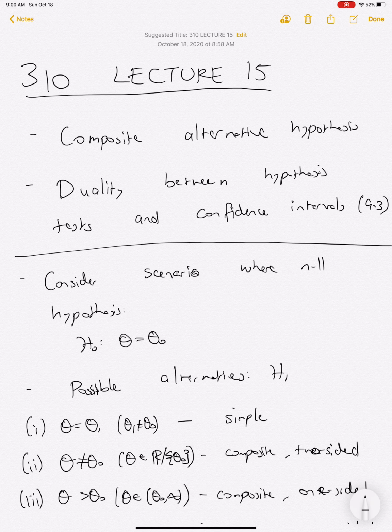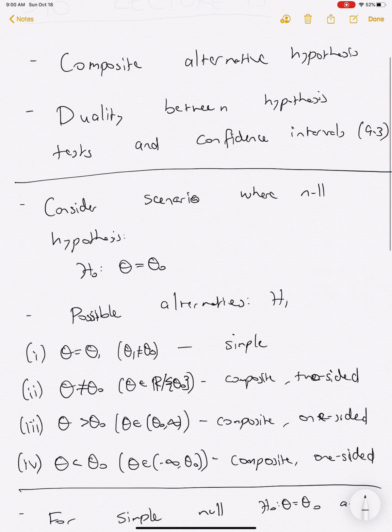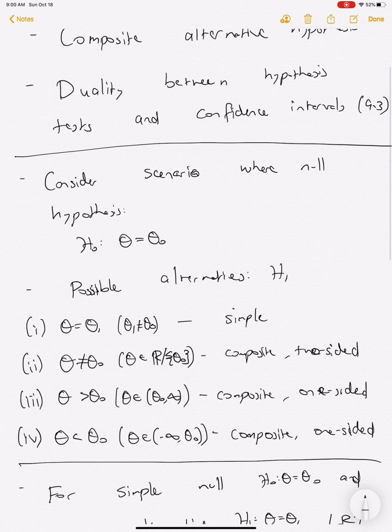Calculation-wise, there's almost no difference between what you've already calculated in a hypothesis testing scenario and what we've done in estimation and confidence intervals, and this duality will show us why. It'll also give us a way of going from hypothesis tests to confidence intervals, and then from confidence intervals back to hypothesis tests.